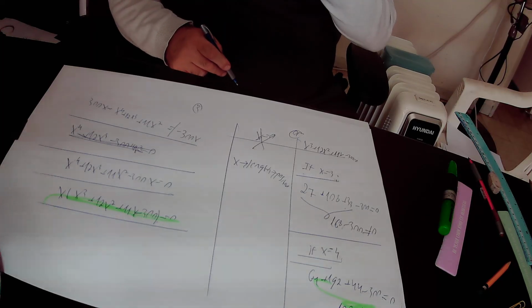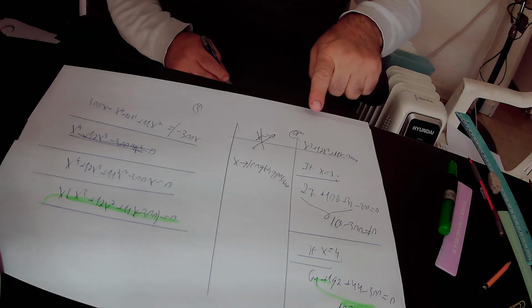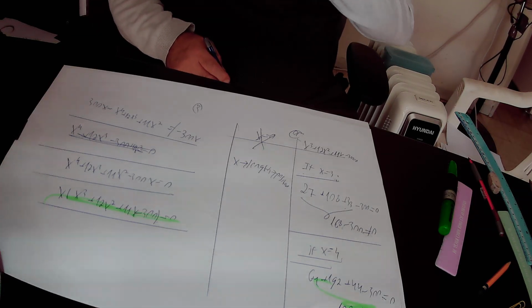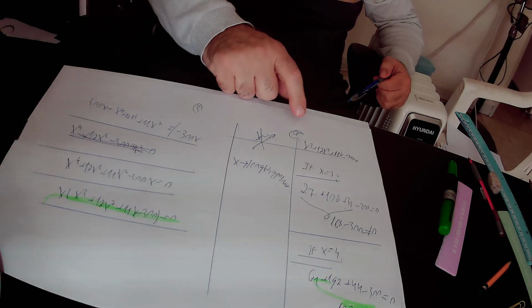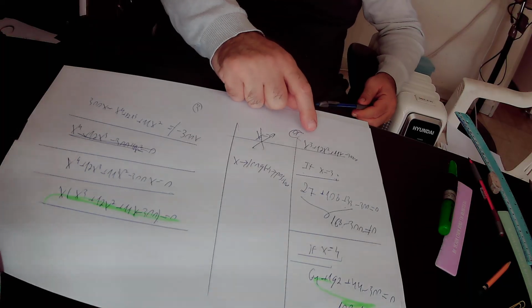First of all, we check if x equals 3 solves this equation. That is to say, we substitute x by 3. If x equals 3, it means that x cubed equals 3 cubed. 3 cubed is 3 times 3 times 3, that is 27, plus 12x squared.